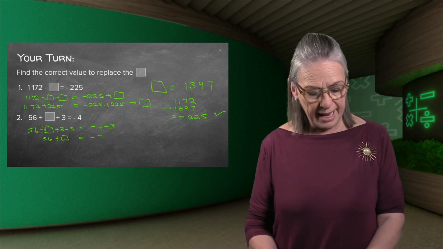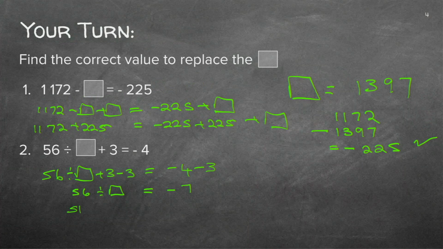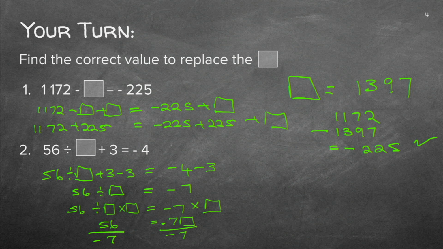So perhaps what we can do is we can say 56 divided by the block times the block equals minus 7 times the block, right? So we've got minus 7 block divided by minus 7 equals 56 divided by minus 7.